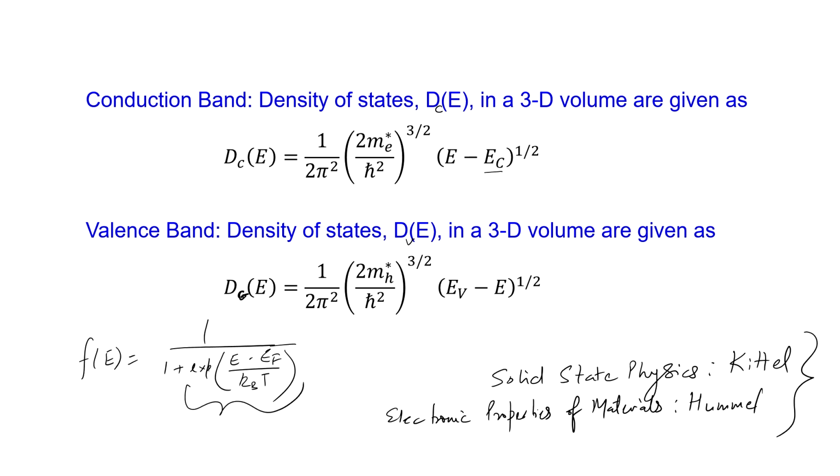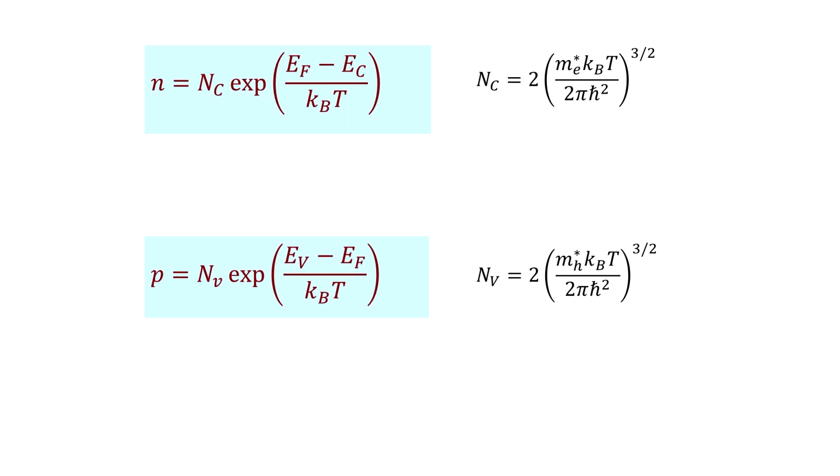We are not going to do all the maths of derivation, which is pretty straightforward; you can go through these books. When you plug these in, we get n equal to Nc into exponential of EF minus Ec divided by kBT, where Nc is 2 me star kBT divided by 2 pi h cross square to the power 3 by 2, and p is equal to Nv into exponential of Ev minus EF divided by kBT, where Nv is similar to Nc except that me star gets replaced by mh star.